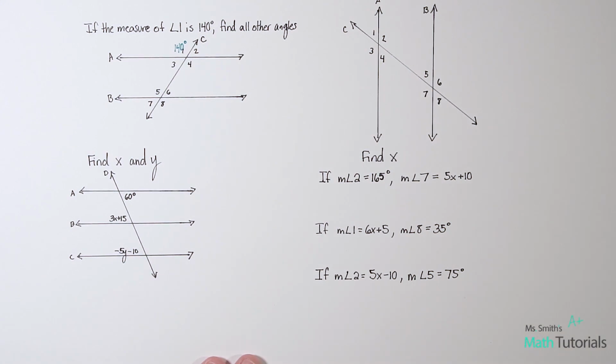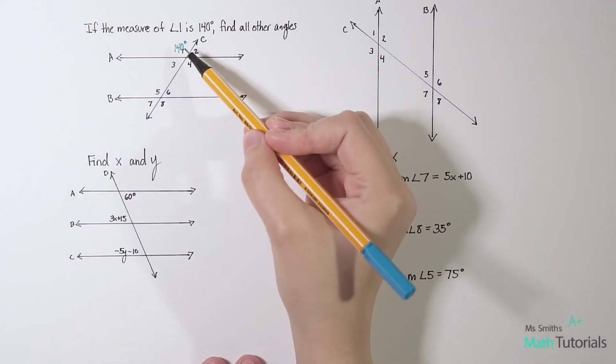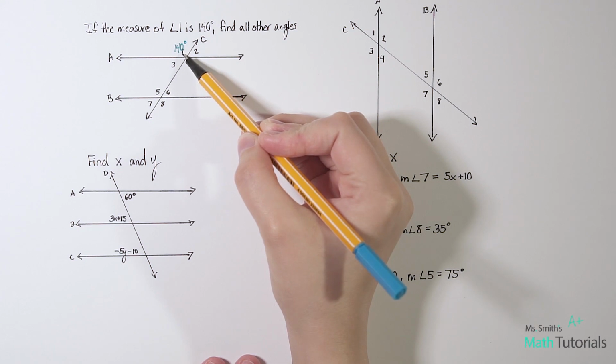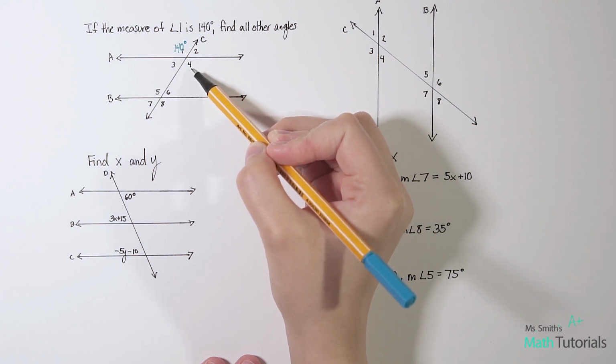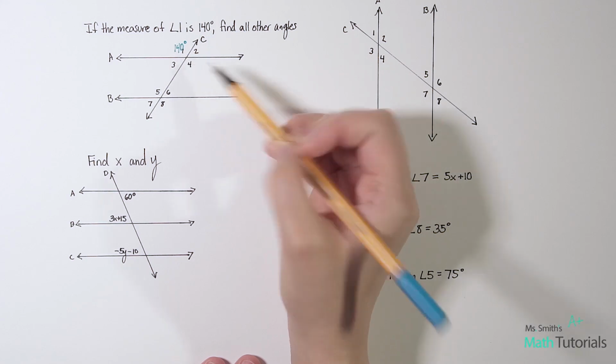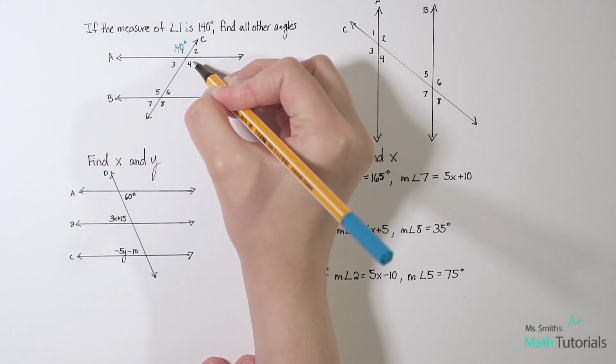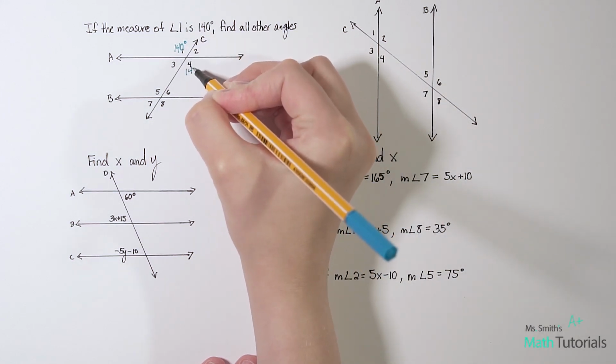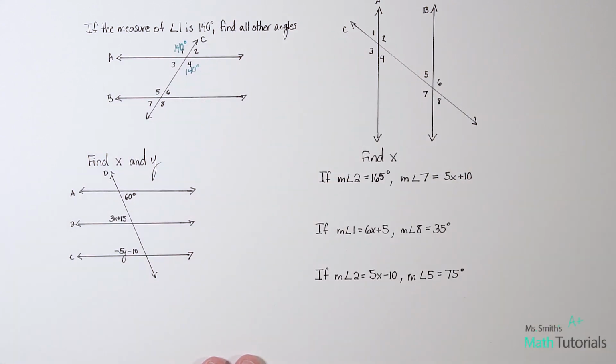I could go a number of different ways from here based on those rules, but the first one that sticks out to me is if 1 is 140 degrees, then so is 4, because those are vertical angles. They're directly across from each other, and I know vertical angles are congruent. So I know 4 is also 140 degrees.